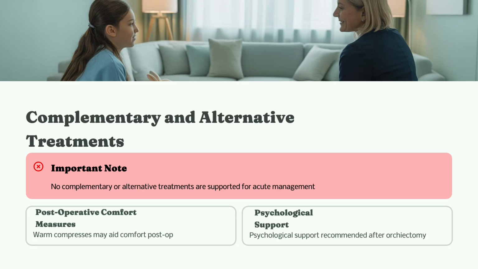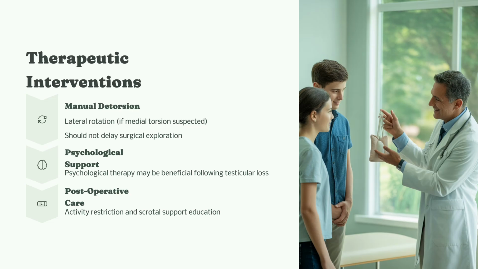And psychological support is also important in adolescents after orchiectomy. Manual detorsion may offer temporary relief, but surgery is essential. Counseling and emotional support post-orchiectomy is key.